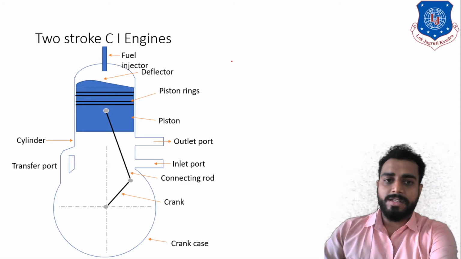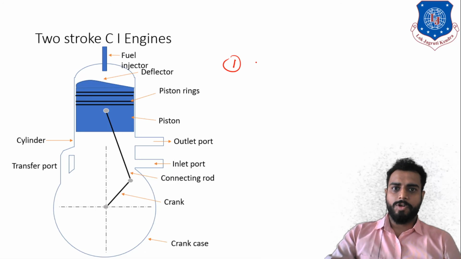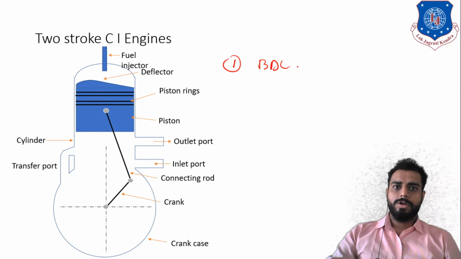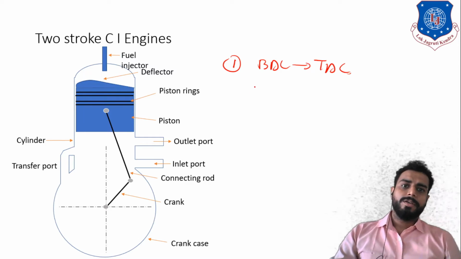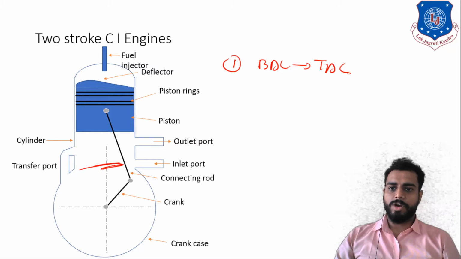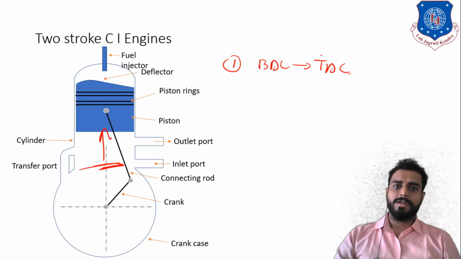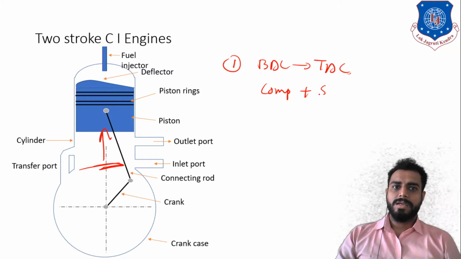So if we understand the strokes, first of all let's take the first stroke, that is from bottom dead center to top dead center. At that time, the piston will move from bottom dead center to top dead center, and the compression will occur plus suction will also occur, right?